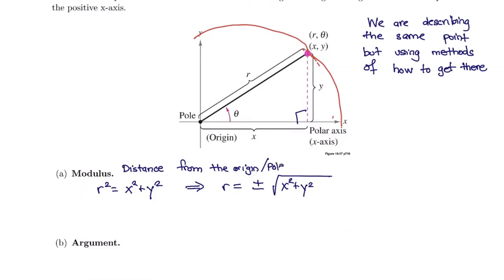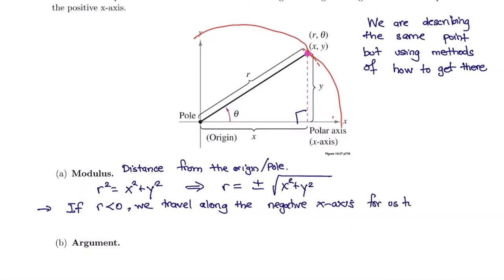Now, while the modulus is described as the distance from the origin, or the pole, it is understood that this is a distance that could potentially be negative. So if r is less than 0, we travel along the negative x-axis for us to reach the point.